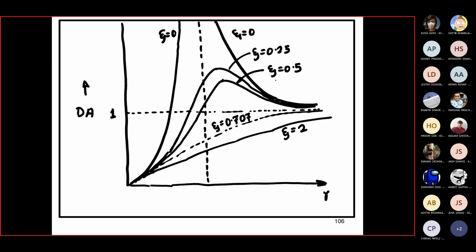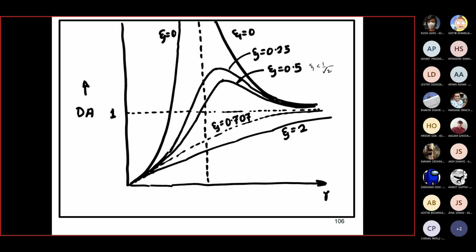So all these are for zeta less than 1 by root 2. Then this is the critical curve where zeta is equal to 1 by root 2, and for zeta greater than 1 by root 2 you can see that the peaks are disappearing. Any questions? No. All right.